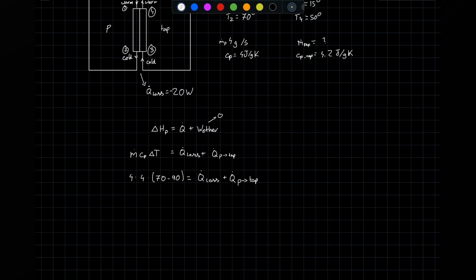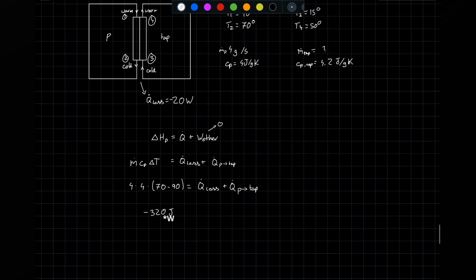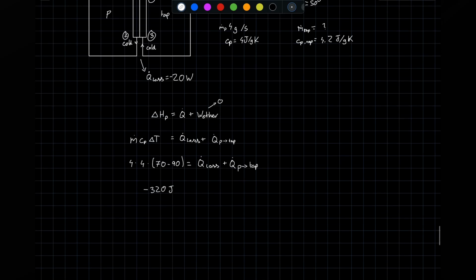So if you plug in the numbers on the left side, you get minus 320 joules, which makes sense because that energy is moving out of your system into the other loop. And we've got minus 20 plus Q from P to the tap loop.